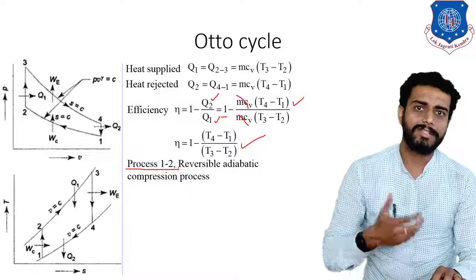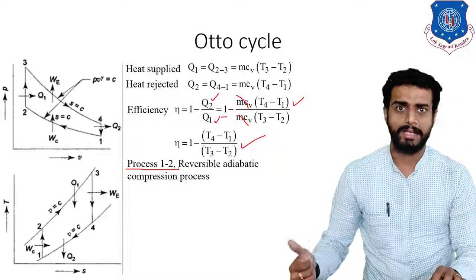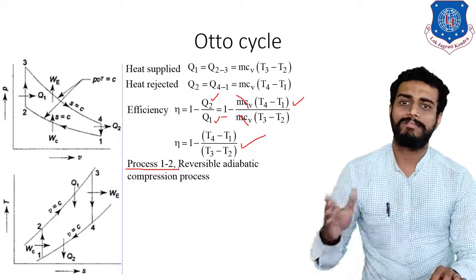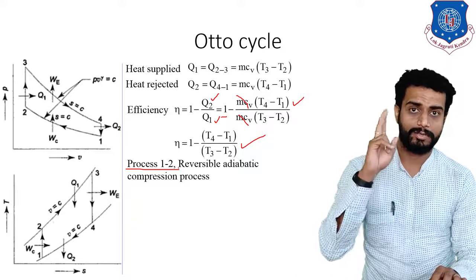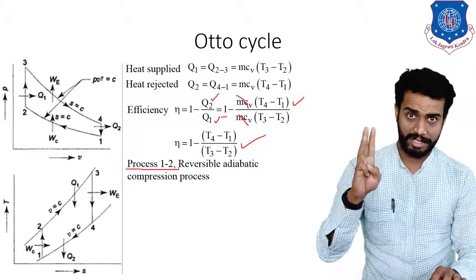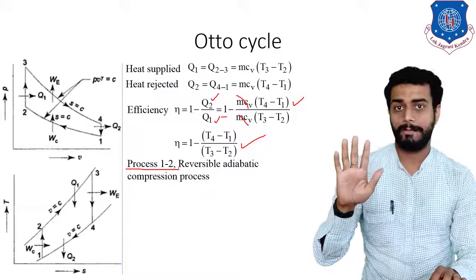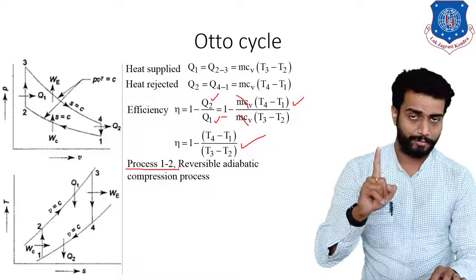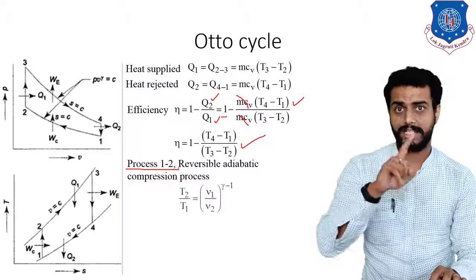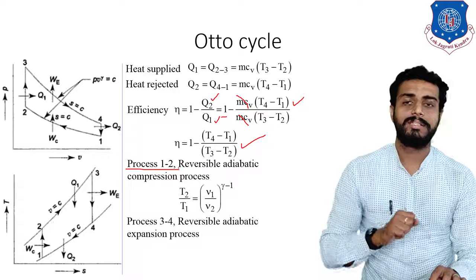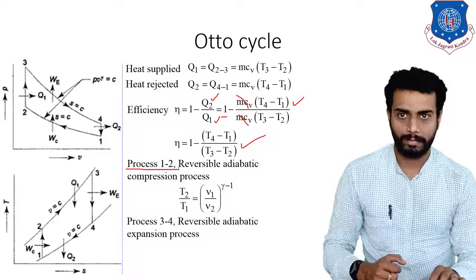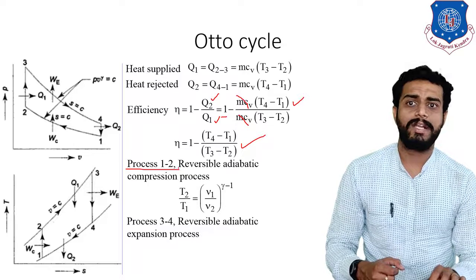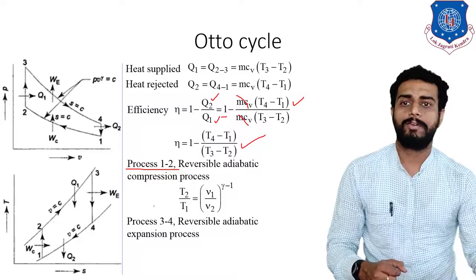During your first year level course, that is basic mechanical engineering, you might have studied the non-flow processes: constant pressure process, constant volume process, constant temperature process, adiabatic process, polytropic process. So among those, if we are following a reversible adiabatic process, then for that you can write the relation between pressure, volume and temperature. That is what we will write down. Okay. So here, for this reversible adiabatic compression process, what can I write?